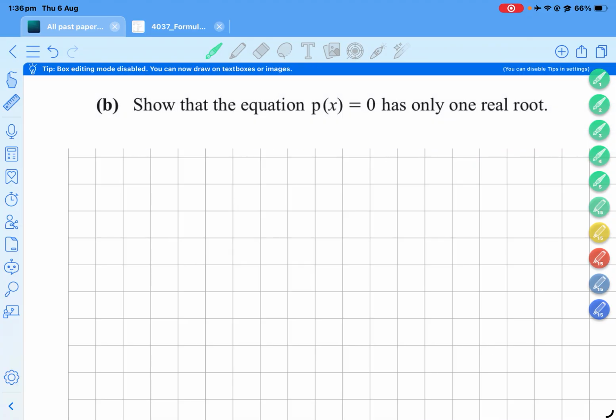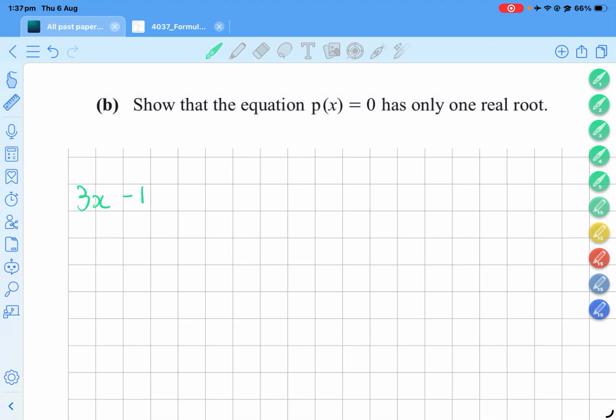So 3x minus 1 into 6x cubed plus 7x squared plus 12x minus 5. This whole thing you have to divide. So first you have to divide this term by this.